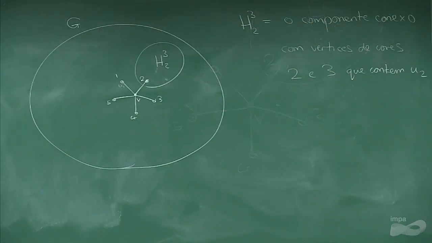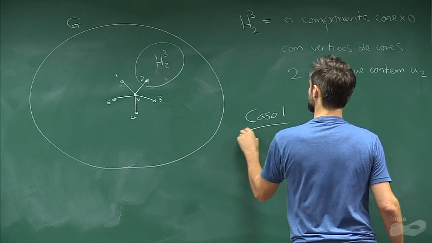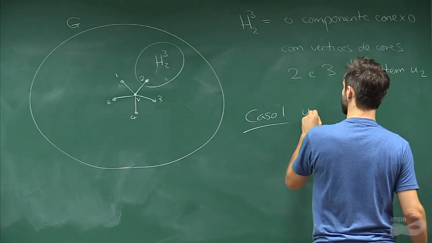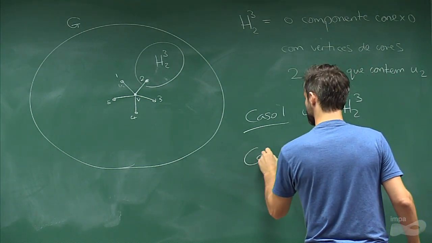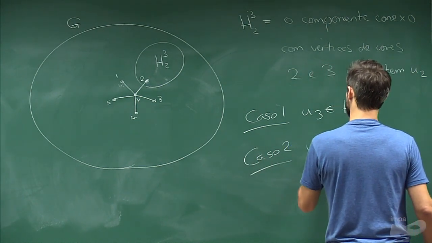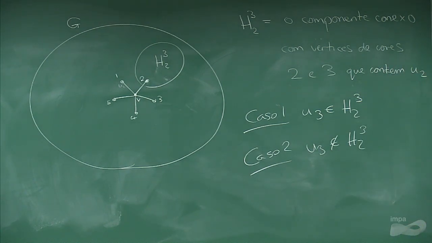Okay, so there are 2 cases. Case 1 is that U3 is contained in H23, and case 2 is that U3 is not contained in H23. Okay, so why are we happy in case 2?